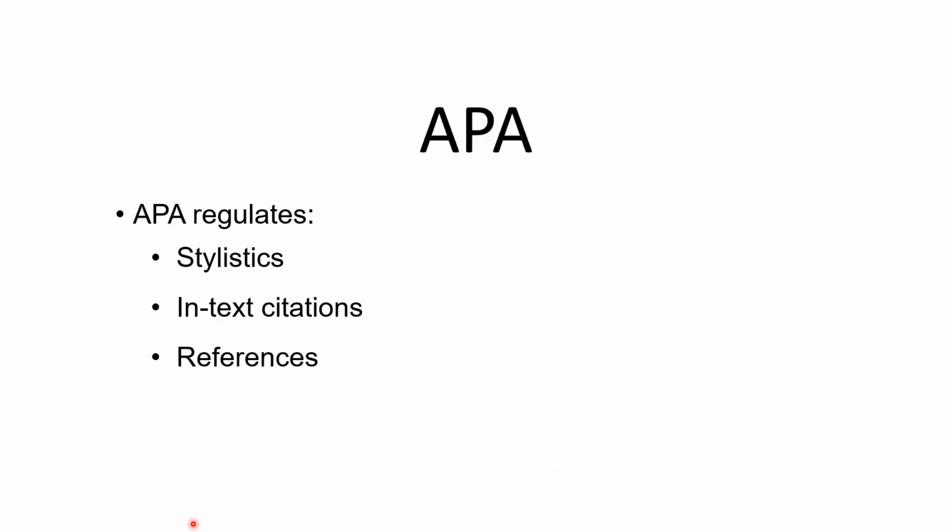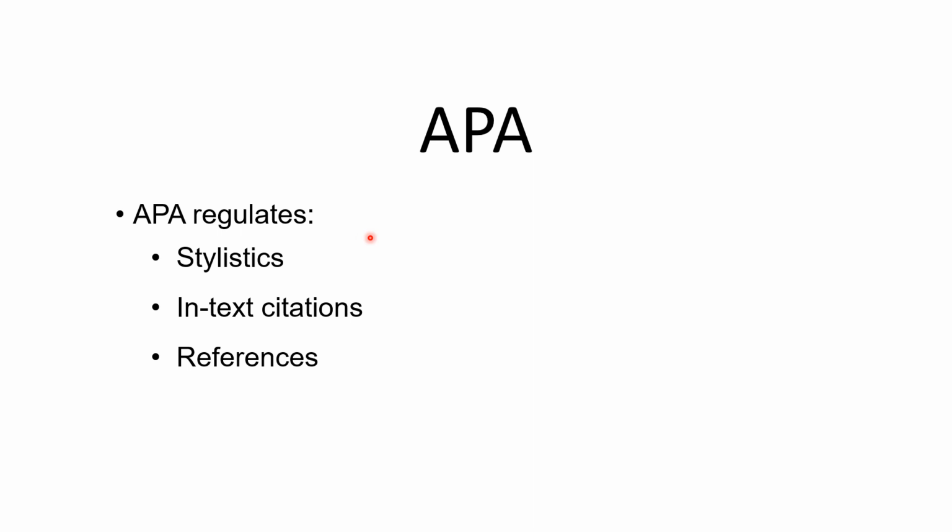Please take note that there are different documentation styles, and APA is just one of them. To name two, we have the Modern Language Association and the Chicago Manual of Style. APA is another. These documentation styles have their own templates in writing or documenting research.